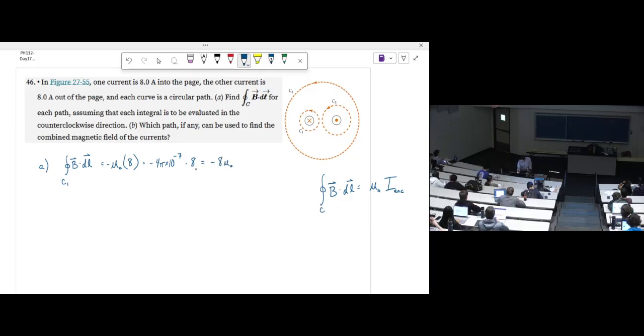But if you were to actually multiply this out, that would be 32 pi times 10 to the minus 7, so that's roughly 9.7 times 10 to the minus 6 Tesla meters. What do y'all get when you take 4 pi times 10 to the minus 7 times 8? It would be negative, yes.